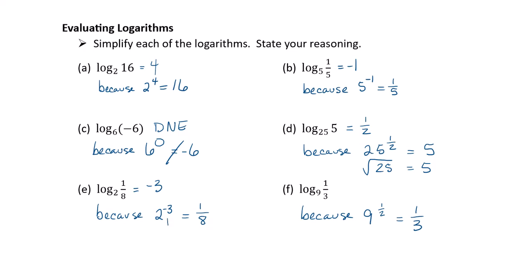Now, the way that I used a negative exponent over here so that I would get a fraction, that's going to be the thing that we need to do. Let's put a negative half. 9 to the negative 1/2 is going to be 1 over 9 to the positive half, which is 1 over the square root of 9, which is the 1/3 that I need. So log base 9 of 1/3 is negative 1/2.